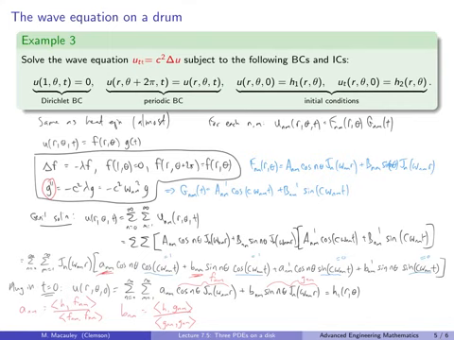So let's plug in t equals 0 to u_t. So u_t of r, theta, 0. Let's see if we can do this. What happens when you take the derivative and you plug this back in?